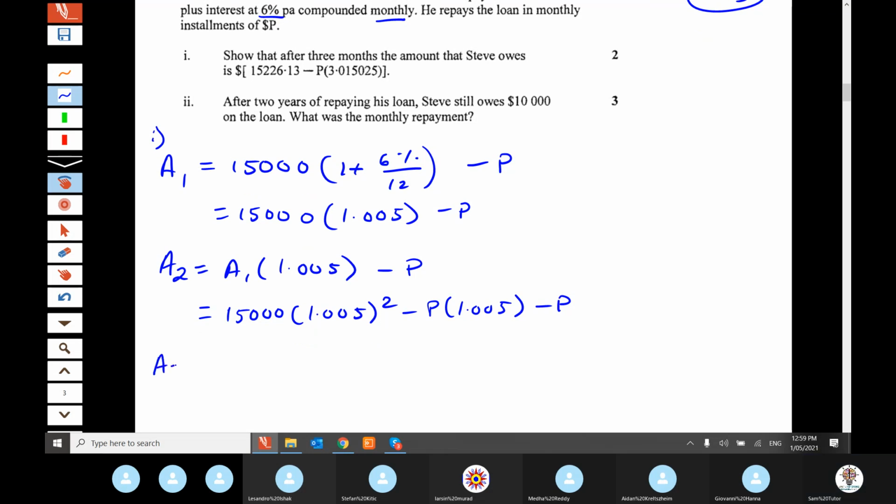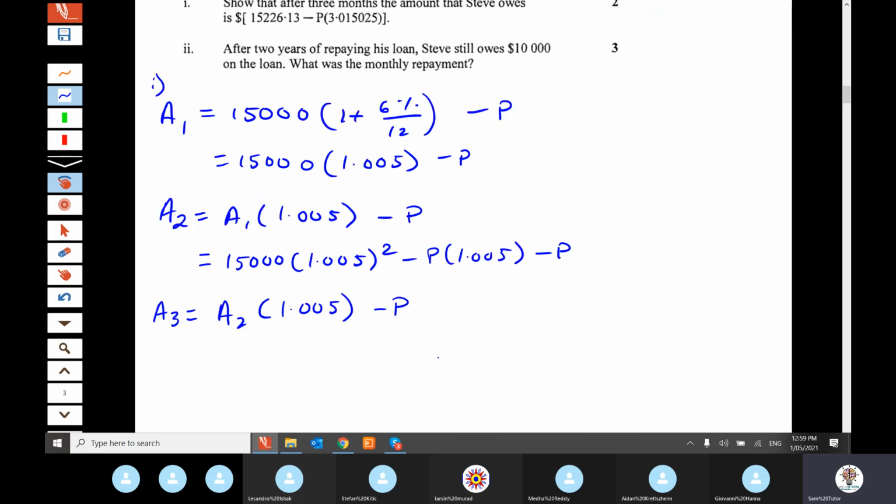A3. What does A3 equal to? A2 times 1.005 minus P equals 15,000 times 1.005 cubed minus P times 1.005 squared minus P times 1.005 minus P.